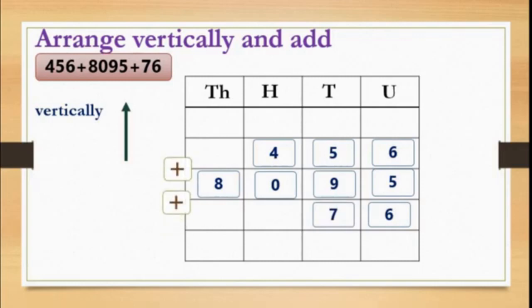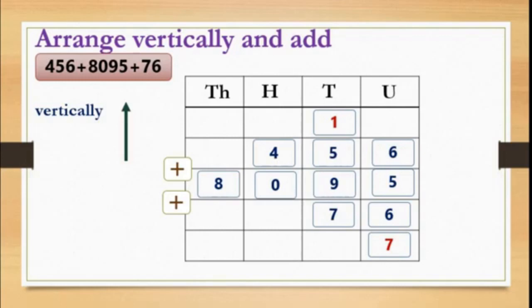Now we will put the addition mark. Now the method is the same here also. How to add? We will start from the unit place. That is 6 plus 5 plus 6. Sorry, 6 plus 5 plus 6, that is 17. 7 we will write down and 1 is carried over.